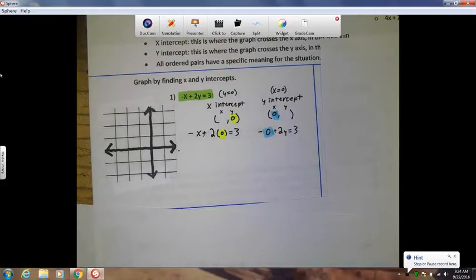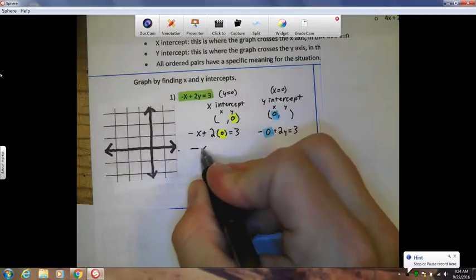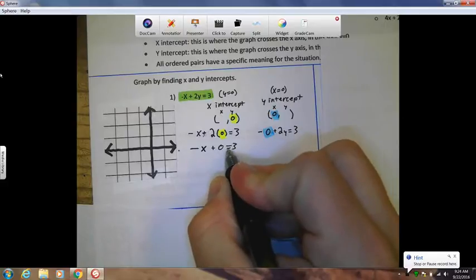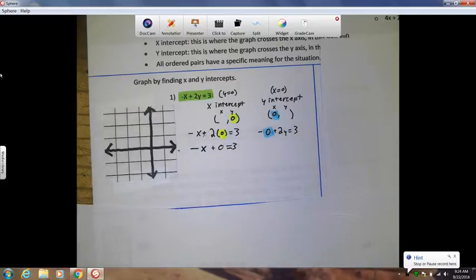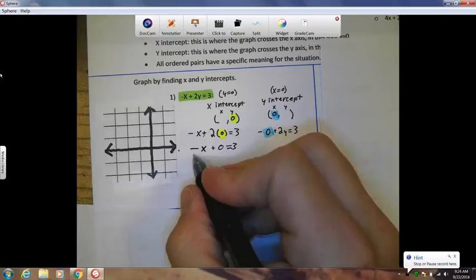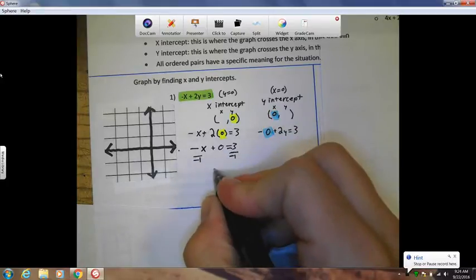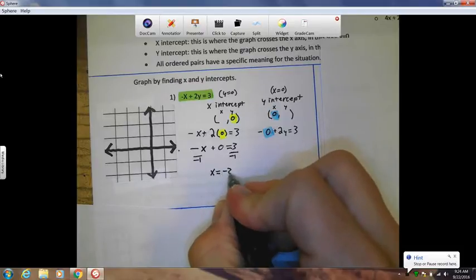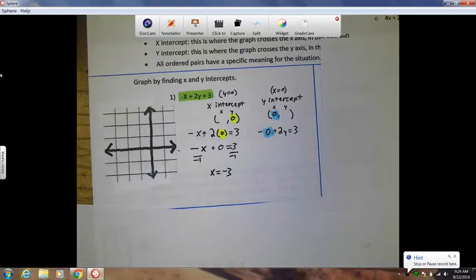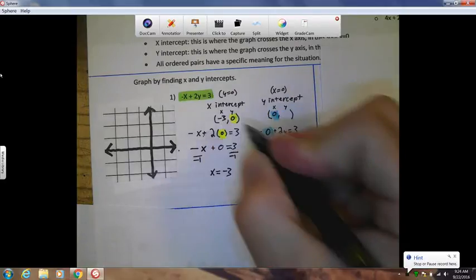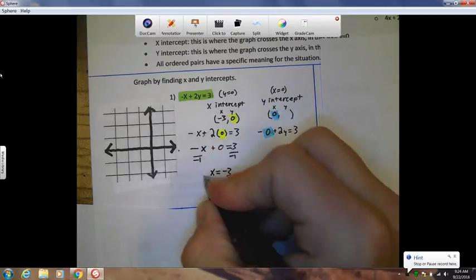So I have the opposite of x plus 0 is equal to 3, because 2 times 0 is 0. So I'm going to divide both sides by -1. So x is equal to -3. So I know I have the point -3, 0.